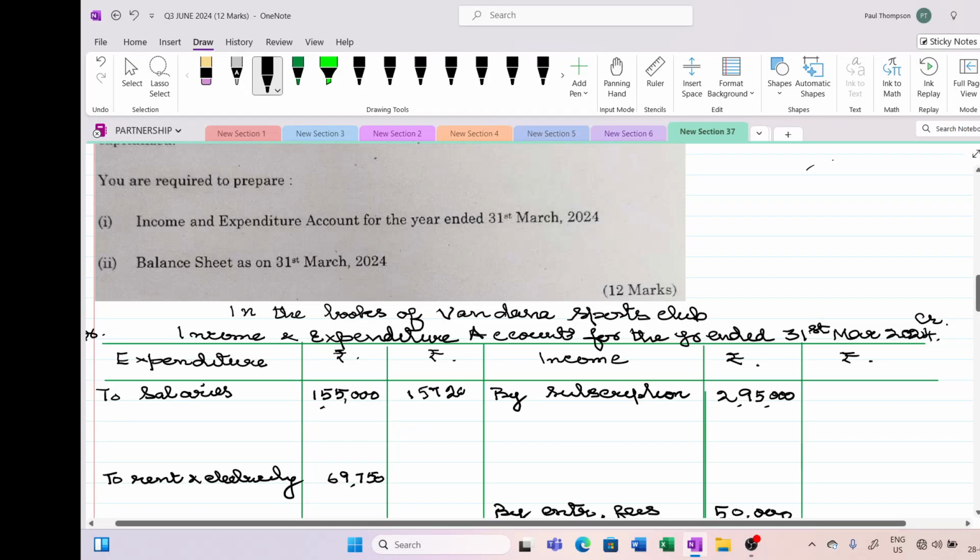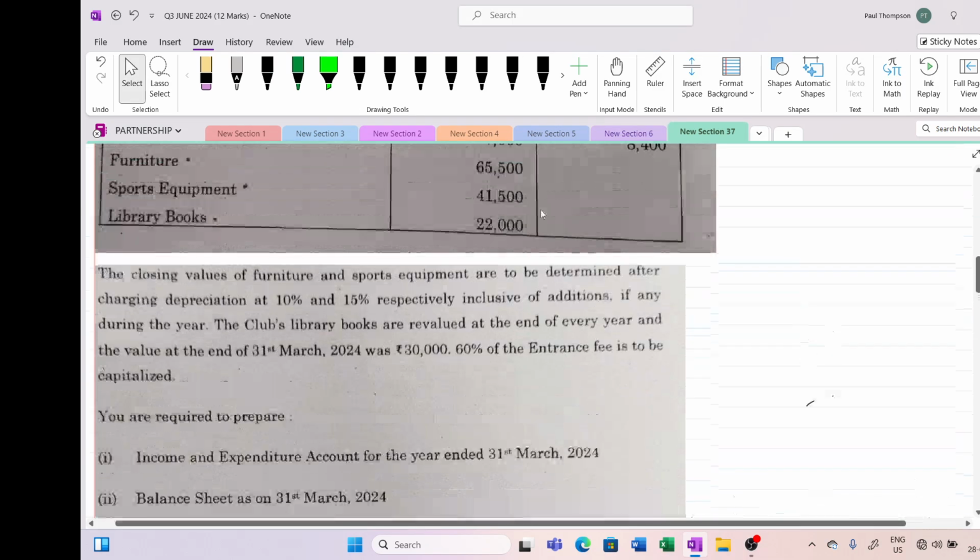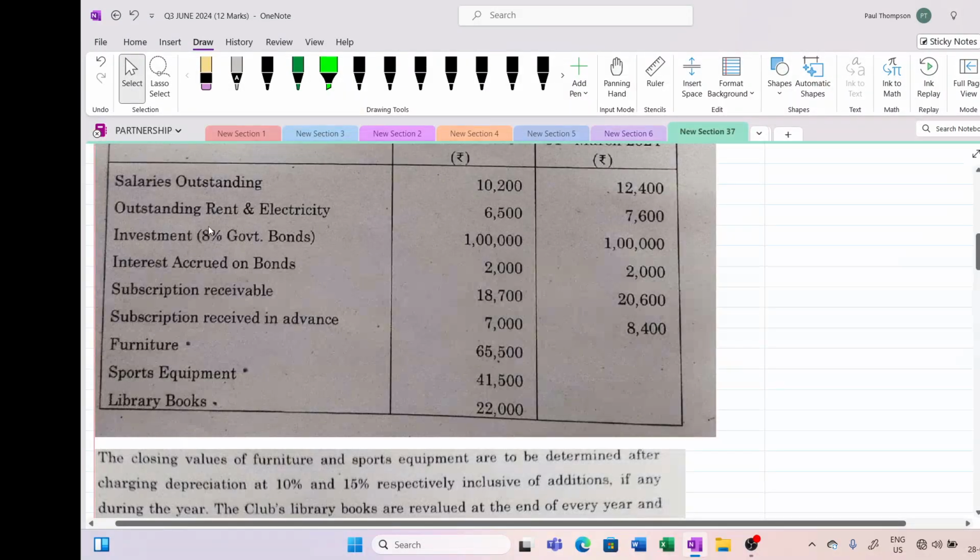I am not writing the details here. I am simply giving the working note number, whatever the note number, 2 or 3, I don't remember. The number you give, or you can show the working here. So salary is over. Now the second one is outstanding rent and electricity. Same expenses would have been paid this year, and this is yet to pay.